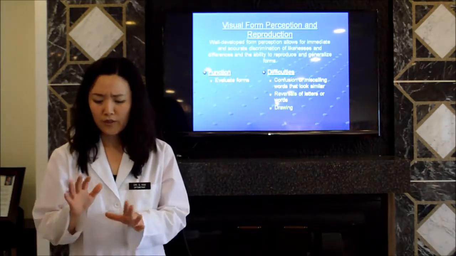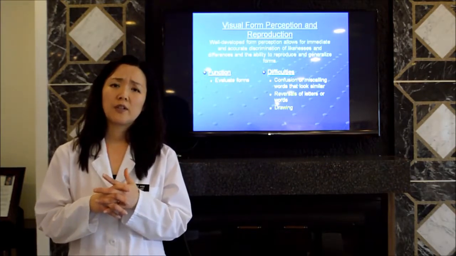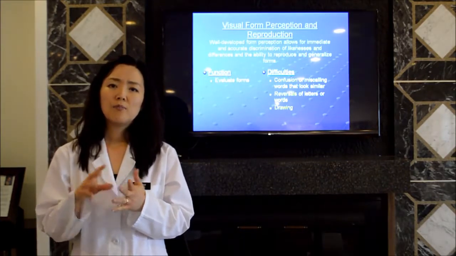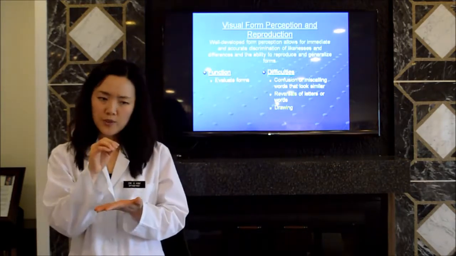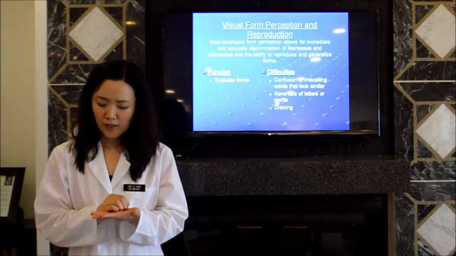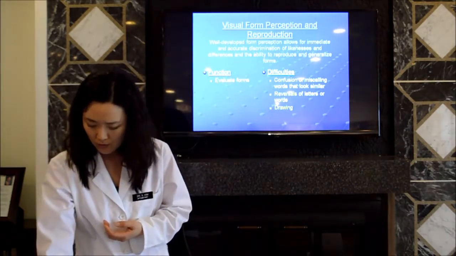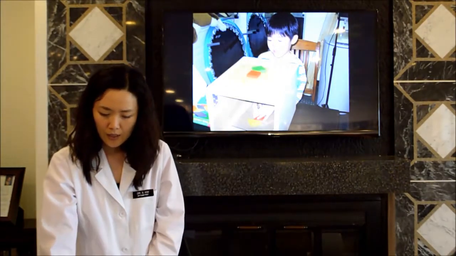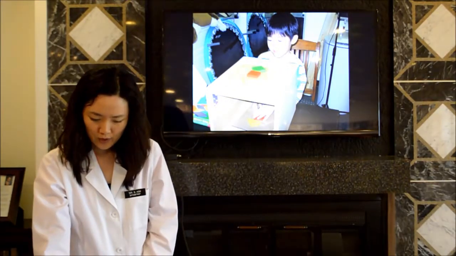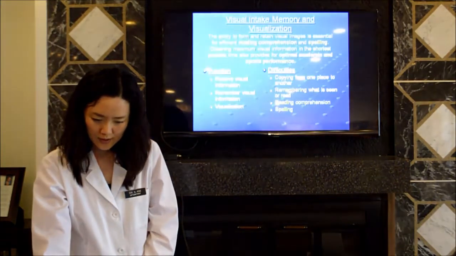So when the perceptual skill is not good, it's very easy for them to miscall words, or words that look similar, and reverse letters also. So it's harder for them to read correctly. And here's my second boy learning to improve his perceptual skills with circuitry.